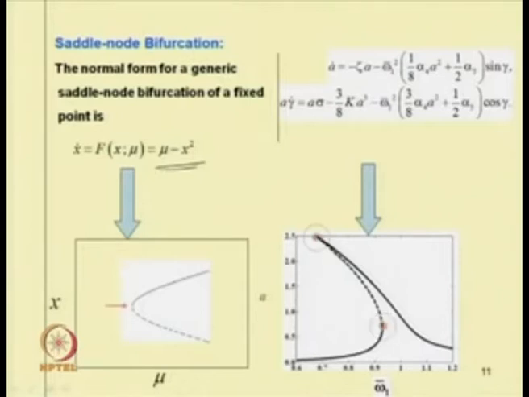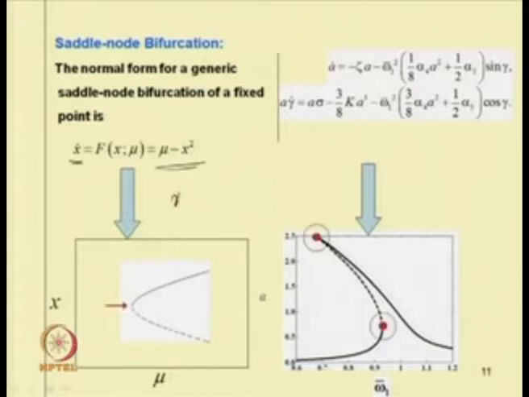If one puts x dot equal to 0, one can obtain x equal to plus minus root mu. So, for negative values of mu it has no solution, and for positive values of mu it has two solutions.